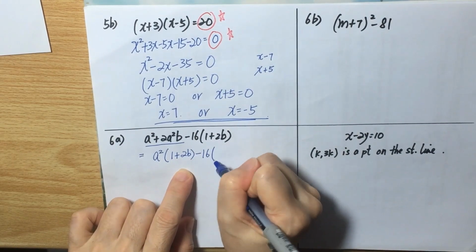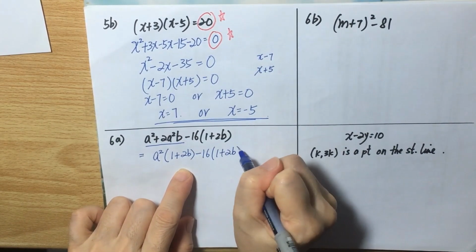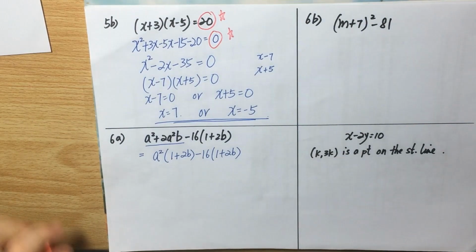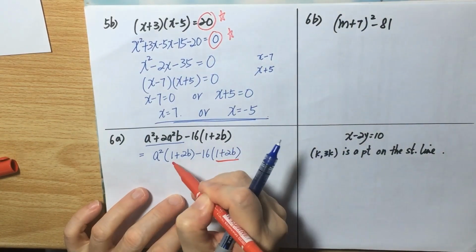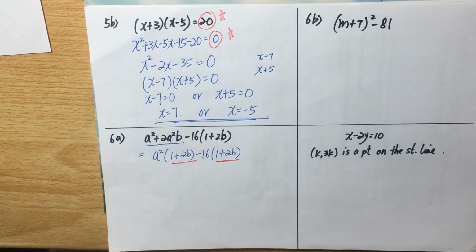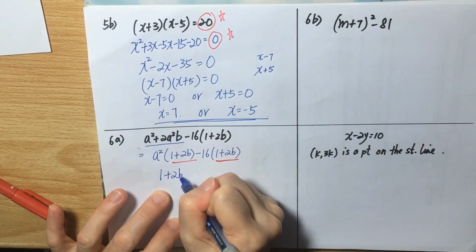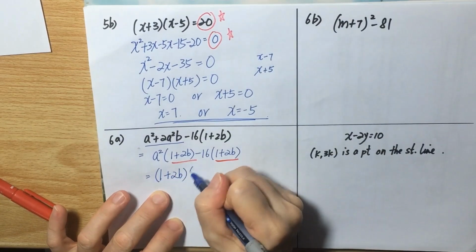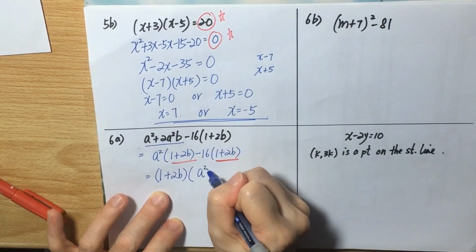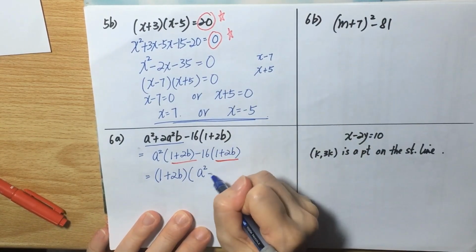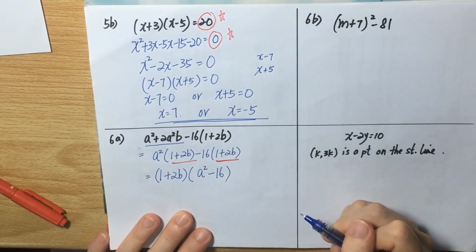So I have 1 plus 2b as a common factor. I'm going to take the 1 plus 2b out, so that for the first one I'm getting a squared. For the second term I'm getting a negative 16.